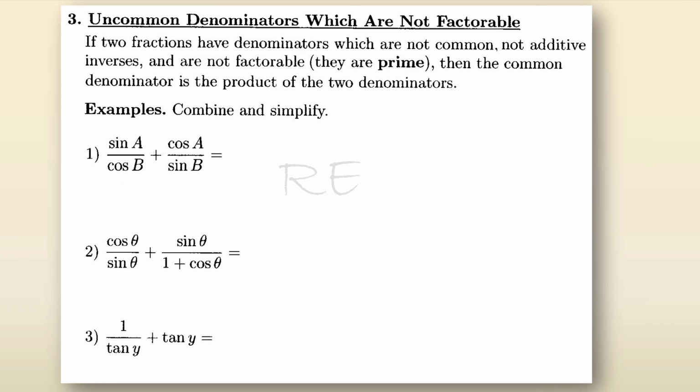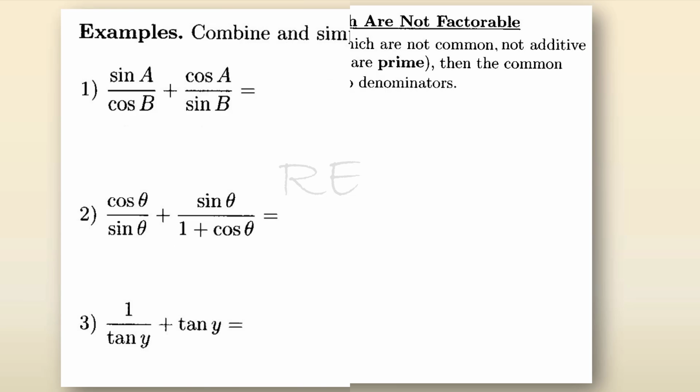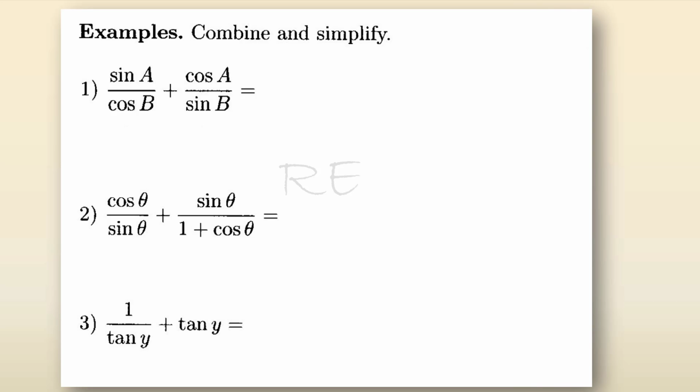Multiply the two denominators if the denominators are not common, not additive inverses, or not factorable. Cosine B and sine B are not common.